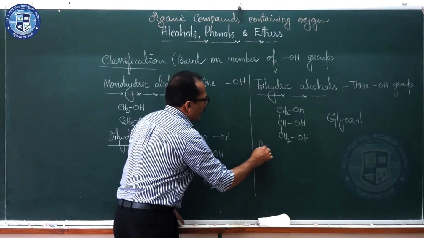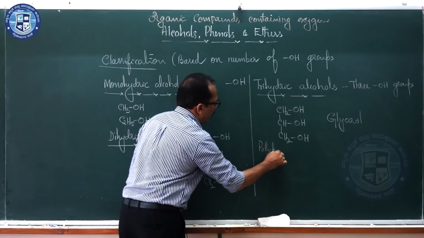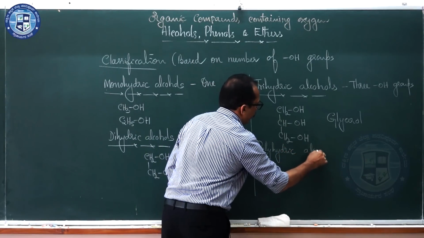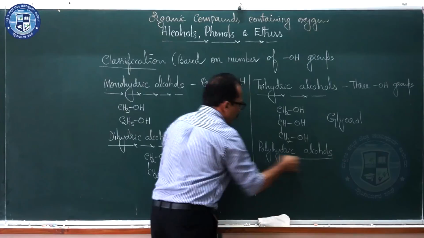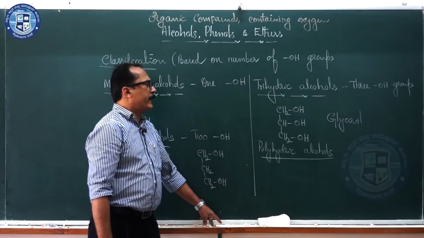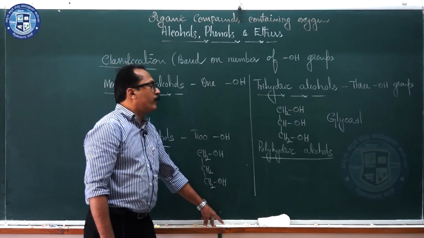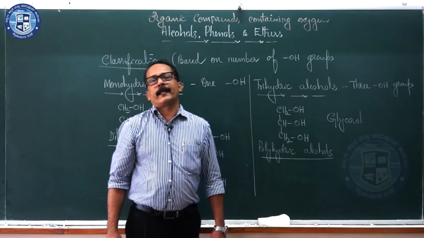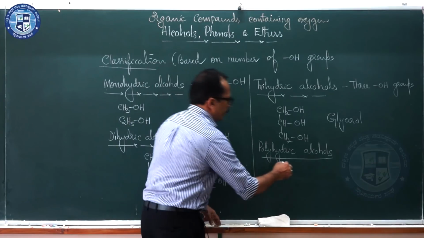Next one is polyhydric alcohols. These are the alcohols which contain many OH groups in their molecule. Example of a polyhydric alcohol: sorbitol.